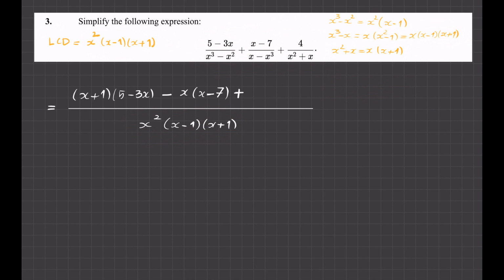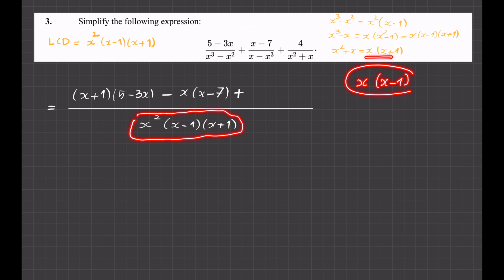Now again I do the comparison. I will compare this with the last denominator. X plus 1 repeats itself here. X also repeats itself here, but you know that you have 1 extra x. So if I ask you how many extra factors you see here compared to this, you will tell me x is 1 extra factor and x minus 1 is also 1 extra factor.